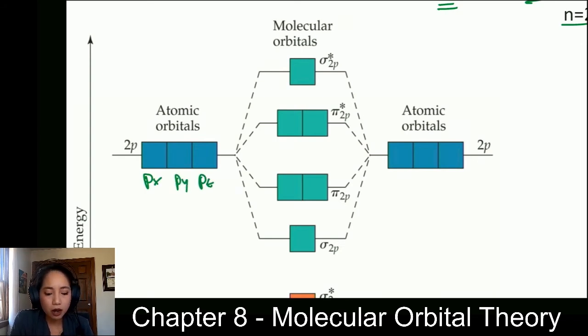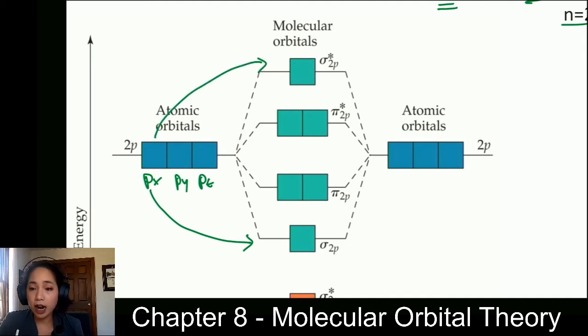So see how there are 1, 2, 3, 4, 5, 6 atomic orbitals between two adjacent 2p elements, and then we get 1, 2, 3, 4, 5, 6 MOs out. 6 in, 6 out. And so these are the different molecular orbitals we just described, where between our px atomic orbitals, we make our sigma and sigma star interaction.